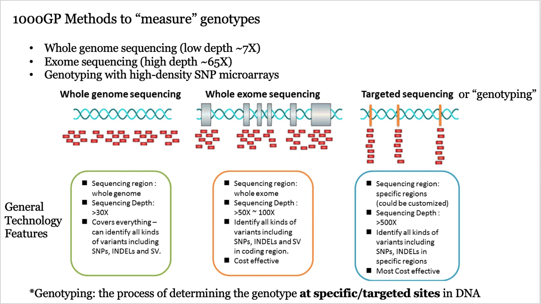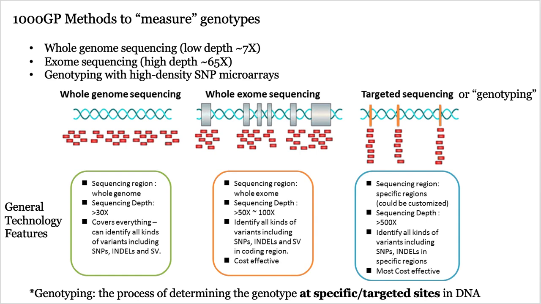And ideally, if you want to get a high quality genome, you need to get 30 plus coverage. So you can cover everything in the genome. In that case, you can identify all genetic variations in the genome. For whole exome sequencing, because it's much less expensive, you can actually sequence to a very, very high depth. It's very cost effective.